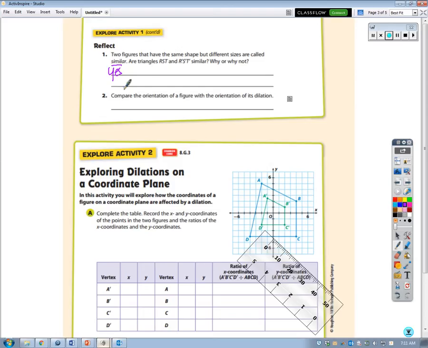And we know that because their corresponding sides are proportional. Okay, so that means that they're not the same length, but they're proportional. So we scaled that triangle proportionally. So we know their corresponding sides are proportional, and their corresponding angles are congruent.